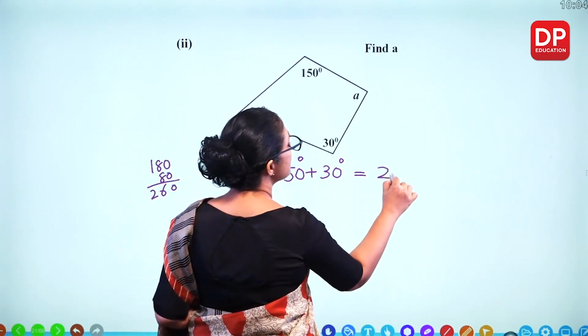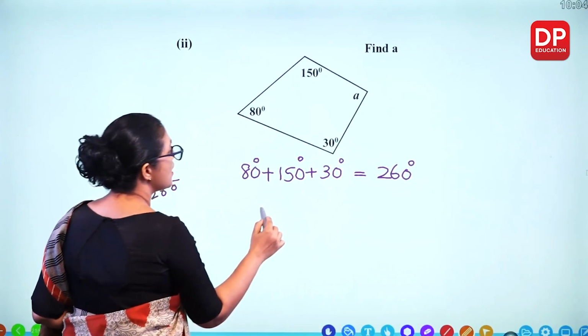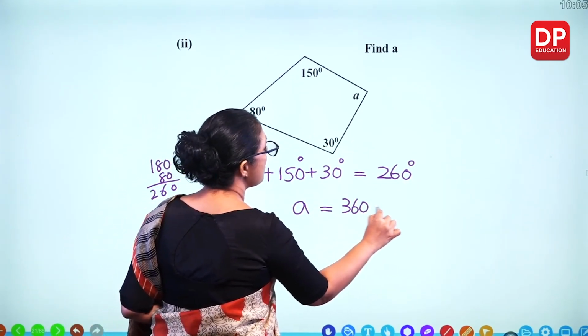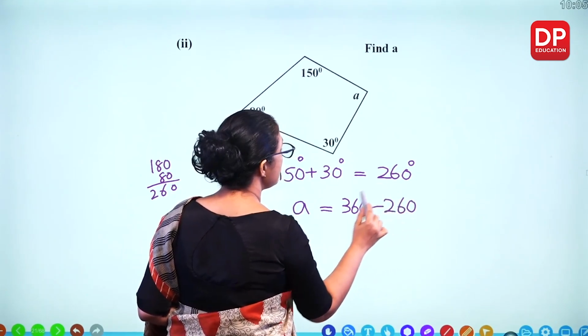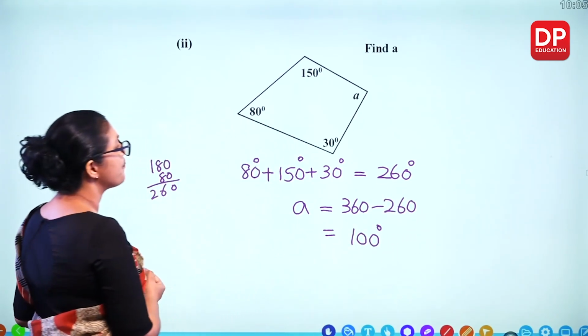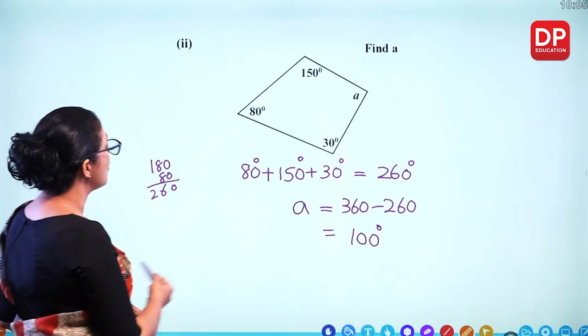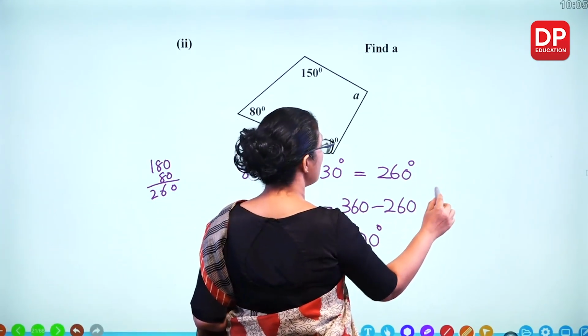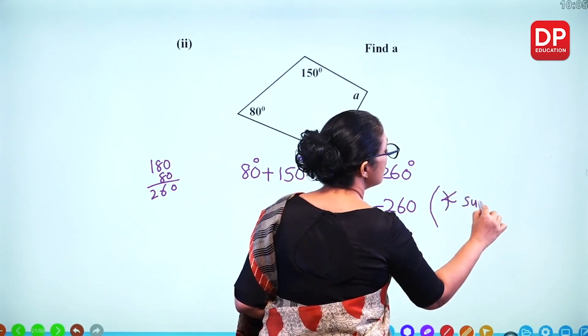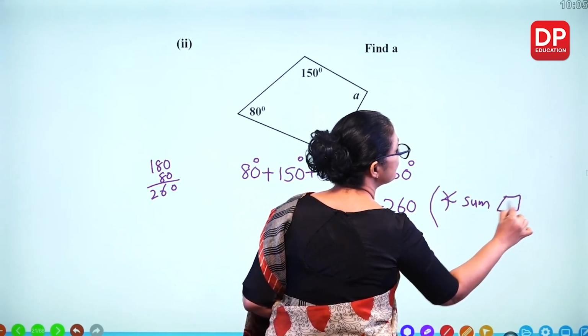So 260 degrees for this. So what is A? A angle is 360 minus 260. That's equal to 100 degrees. Because you can write this is because of the angle sum of a quadrilateral.